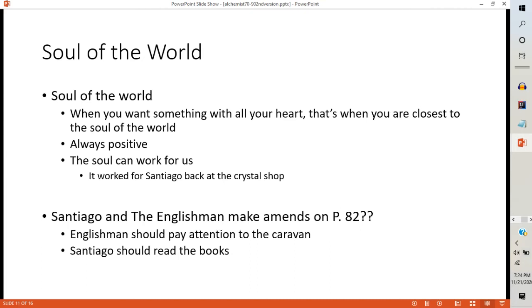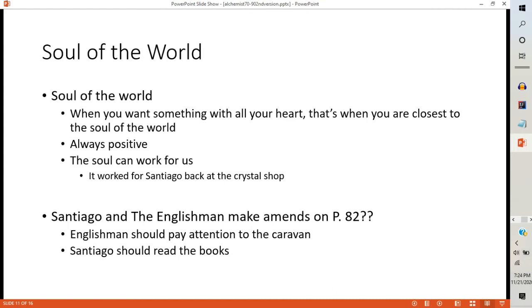And he says, that's the principle that governs all things. In alchemy, it's called the soul of the world. When you want something with all your heart, that's when you are closest to the soul of the world. Always positive, and the soul works for you. And again, something that we've said a lot. What did the Salem King say?